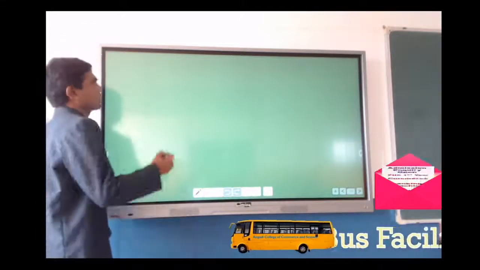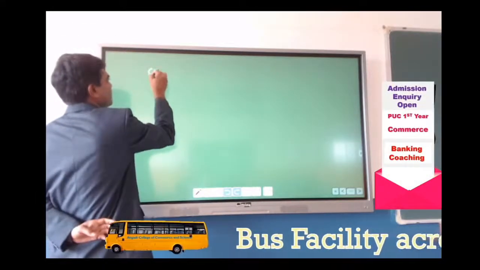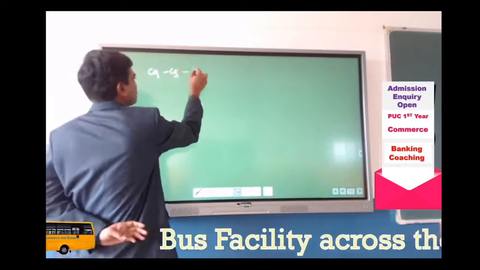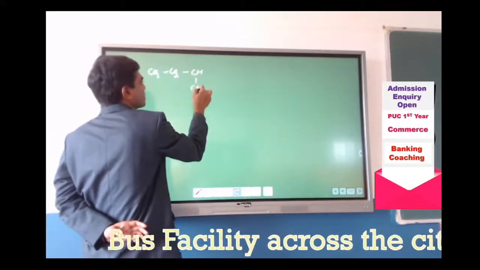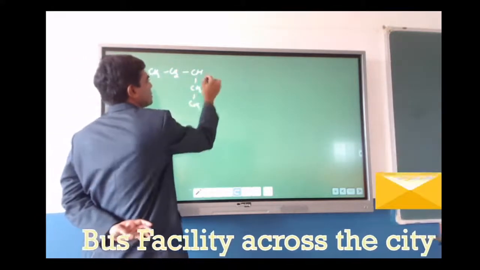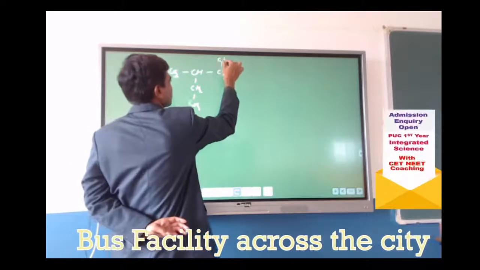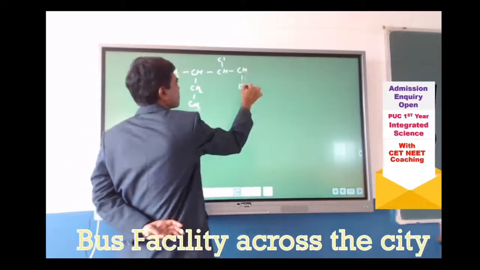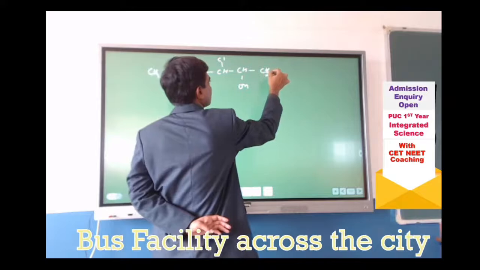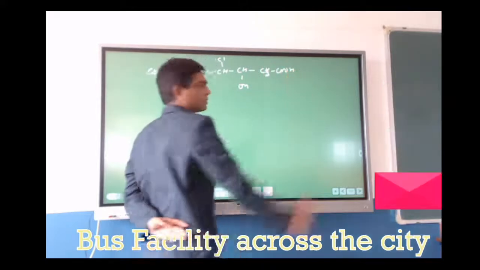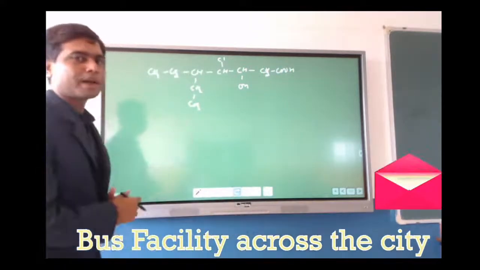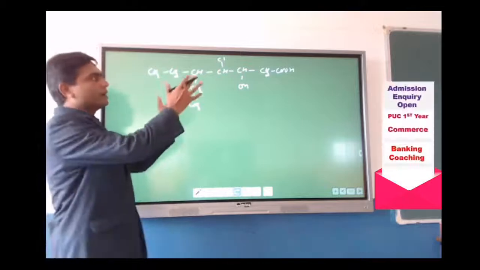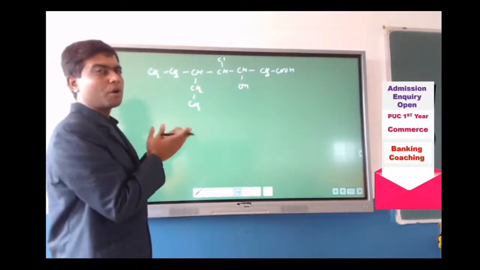So now we will go for a different concept. CH3, CH2, CH, CH2, CH3, CH, Cl, CH, OH, CH2, COOH. So I wrote one type of compound. Now this is a very multi-group compound. How to do that?